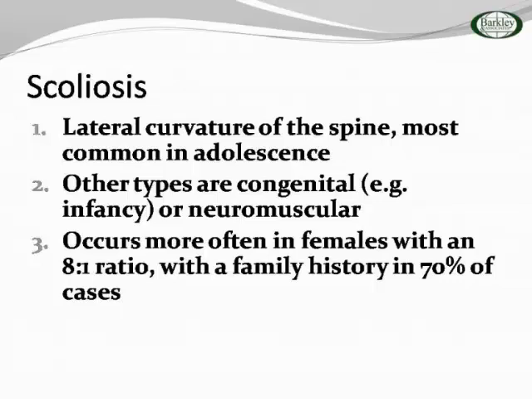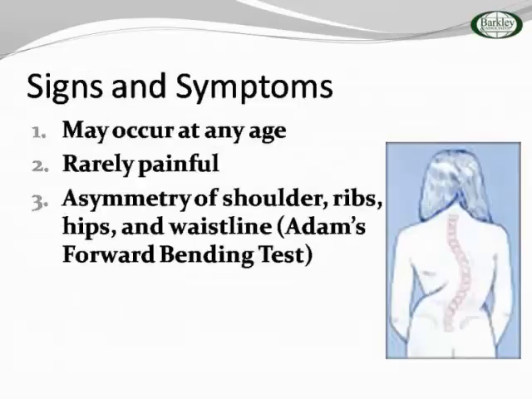Neuromuscular may be something like a child that has CP, cerebral palsy, where tightening of muscles can cause that. And here's a lateral curvature of the spine, and you're looking for what? Asymmetry at the shoulders, scapula, ribs, waistline, and you have them do what's called the Adams forward bend.